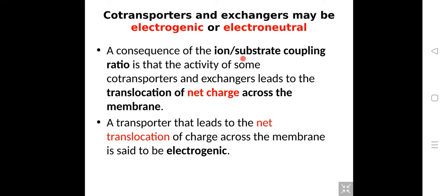A consequence of the ion-substrate coupling ratio is that activity of some co-transporters and exchangers leads to translocation of net charge across the membrane.